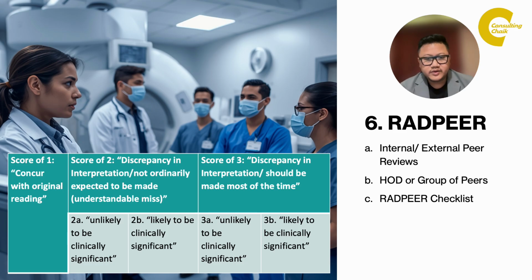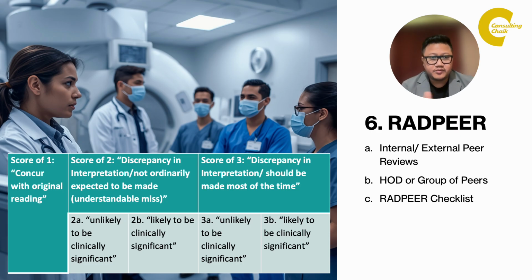Here, we are exchanging the reports. For the same image, there will be 2 or 3 reports, and then we use the RADPEER checklist. I'm just telling you the main things. You have to compare the reports and score accordingly.